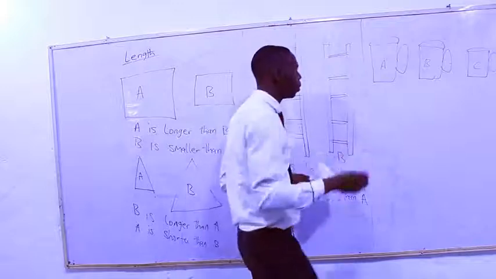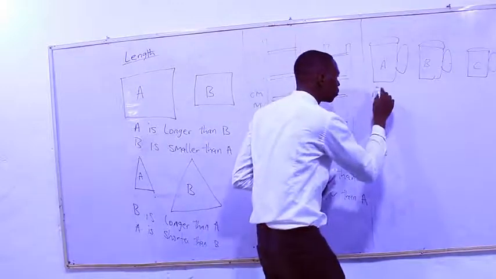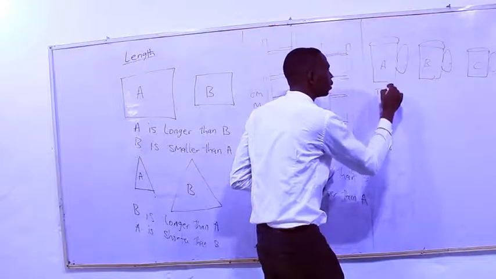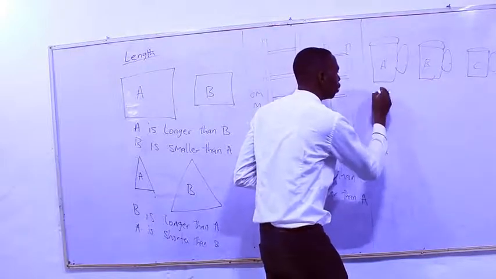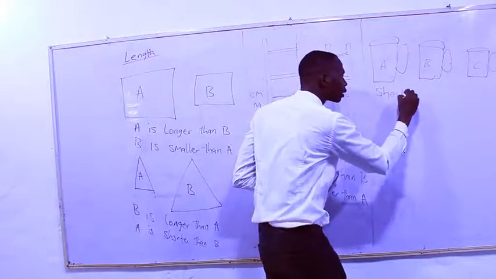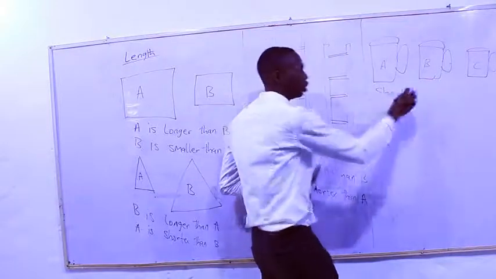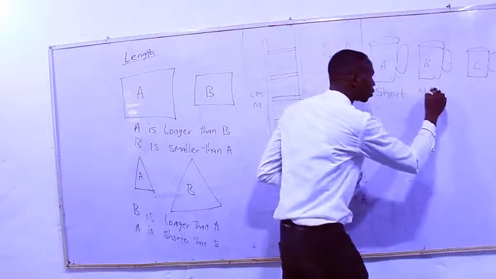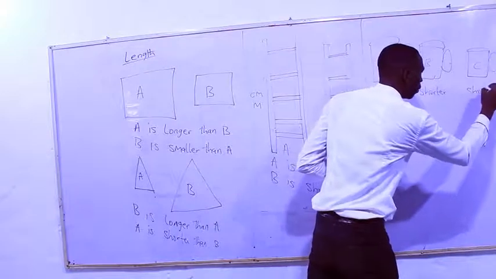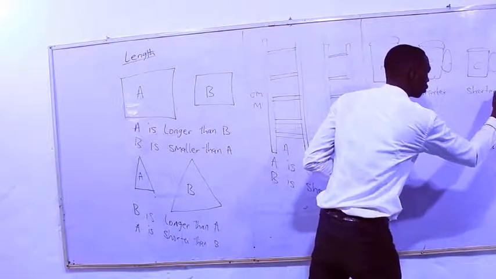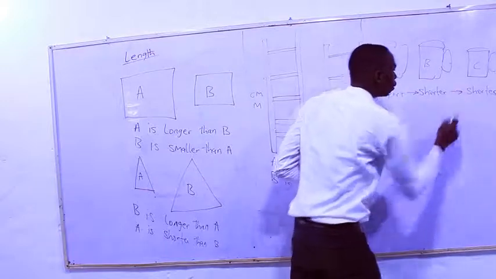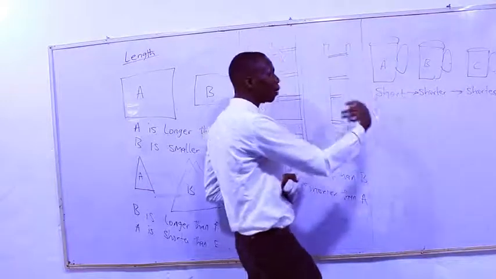In write-up, we will say that A, we can write it up right. This one, we can call it either using the small form short, shorter, and this one is the shortest of them all. Or you can go the other way around.